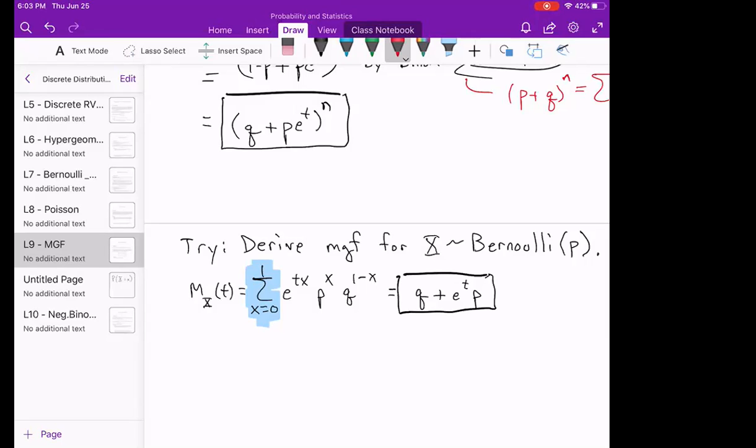Tim, do you mind sharing where you got stuck? So not realizing that you could actually evaluate at x is 0 and also at x is 1, is that what you're saying, or was it something else?